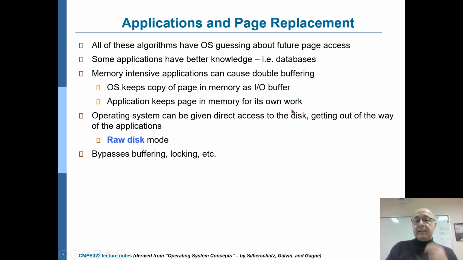And the application keeps the page in memory for its own work also. So for these reasons, it might be better to allow some specific applications, not all. For most applications, it's still better to work through the operating system itself.